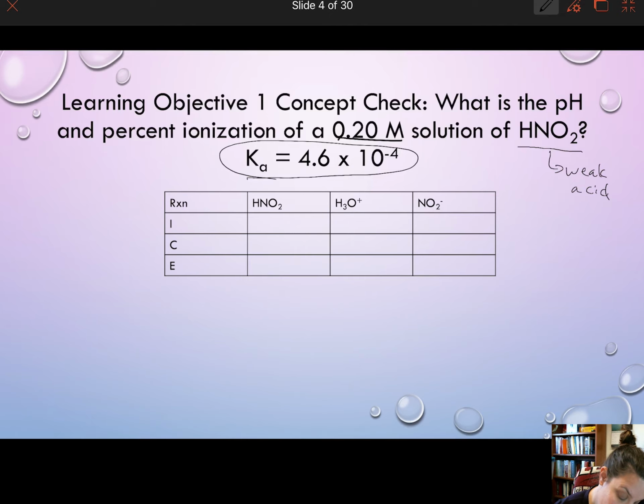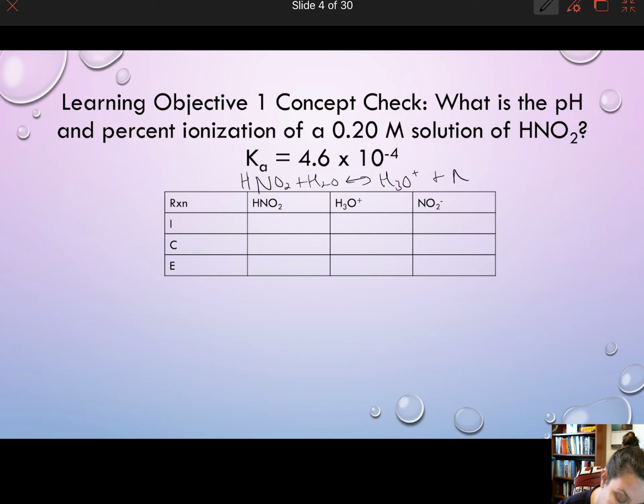So the equation here is HNO2 plus H2O is in equilibrium with H3O plus and NO2 minus. We don't care about water, so it's not even in our ICE table. We just have HNO2 concentration, hydronium concentration, and nitrite concentration.